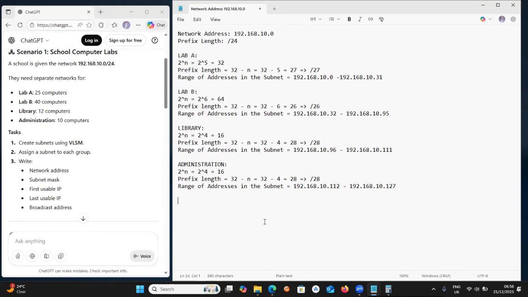So we say lab A, lab B, library, administration.